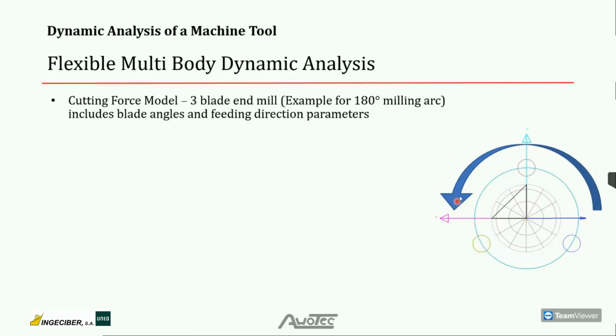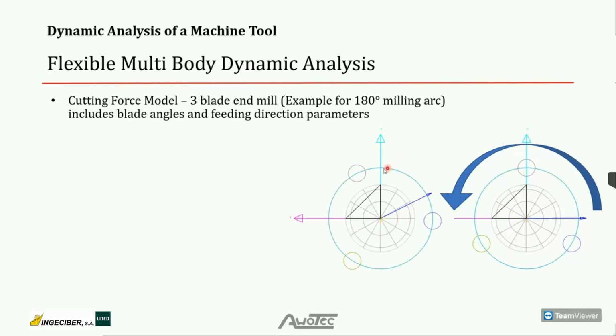Here we see a situation. The milling arc is 180 degrees, and blade number 1 is acting and cutting. And since we are located here at the angle 0 or 360 degrees, the cutting force is horizontal, transverse to the feeding direction, which is our vertical axis.